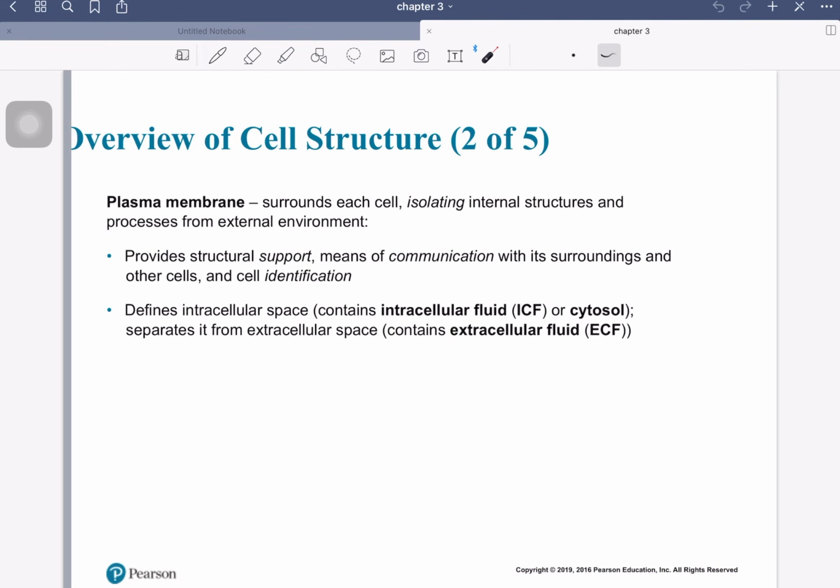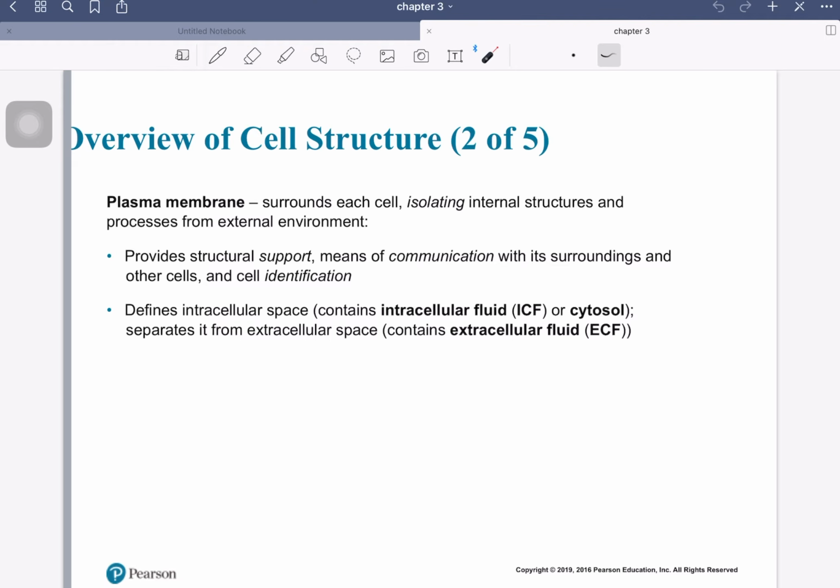So as we talk about the plasma membrane, it surrounds each cell, and it basically separates, as I said, the internal from the external environment. It also provides structural support. It gives a boundary to that cell.